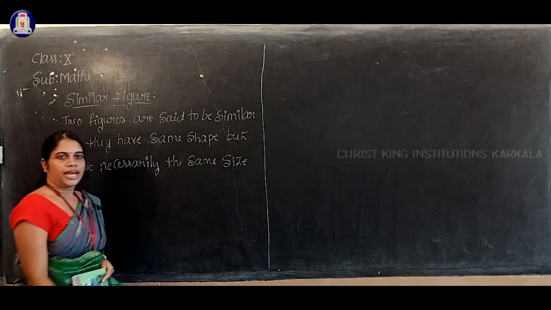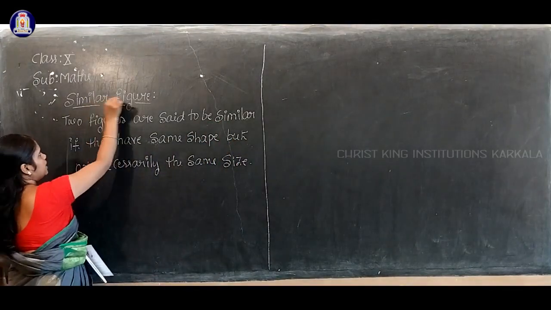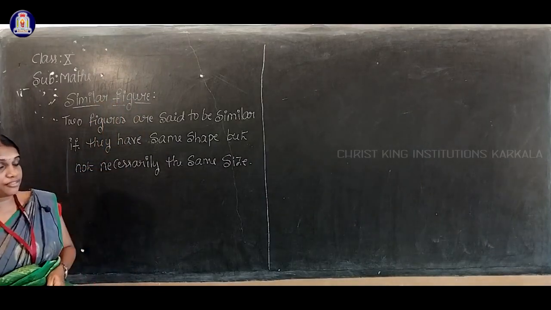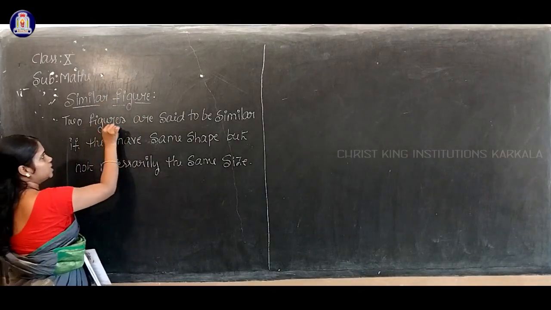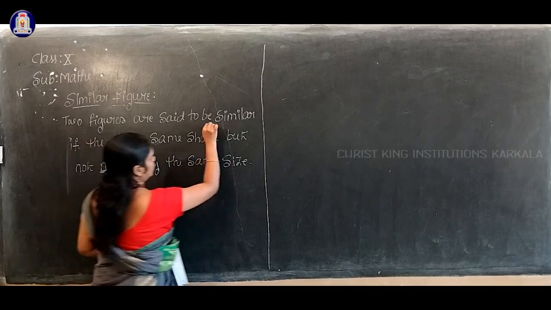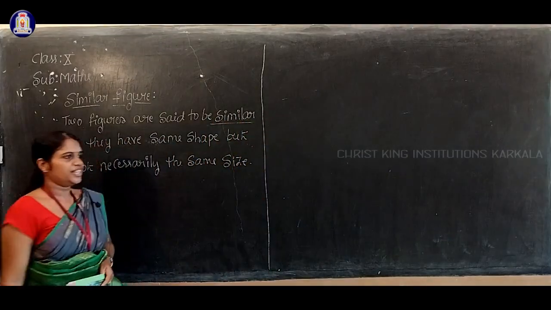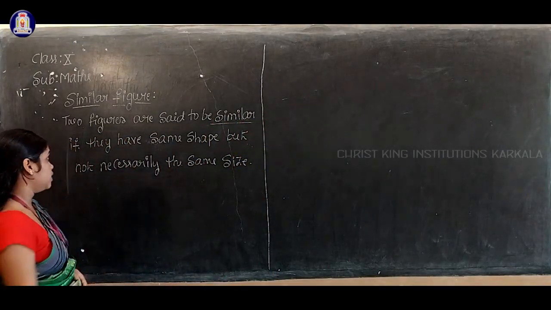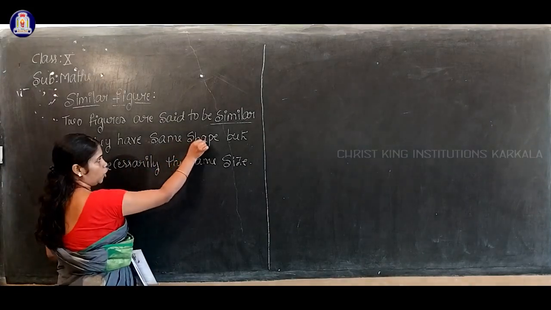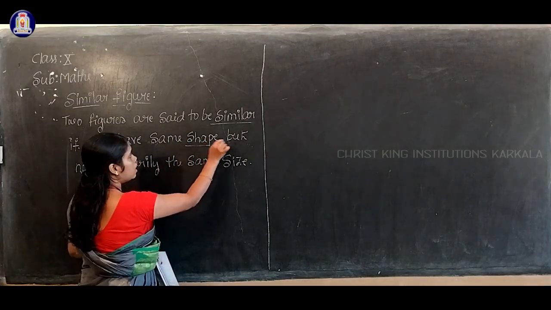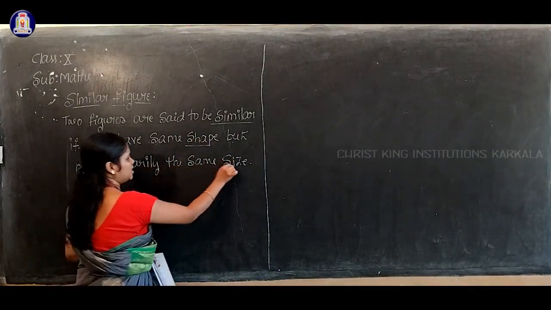According to the definition of similar figures, two figures are said to be similar if they have the same shape. The shape must be the same, but they need not be the same size.